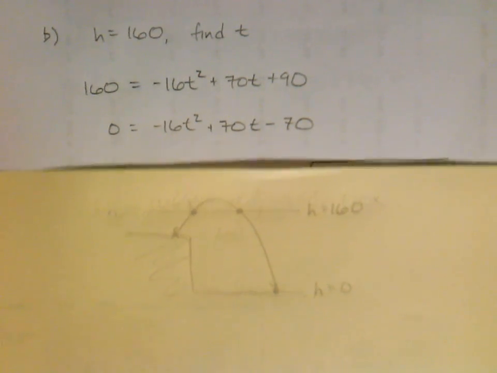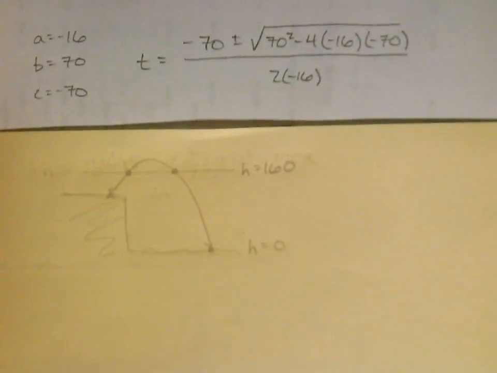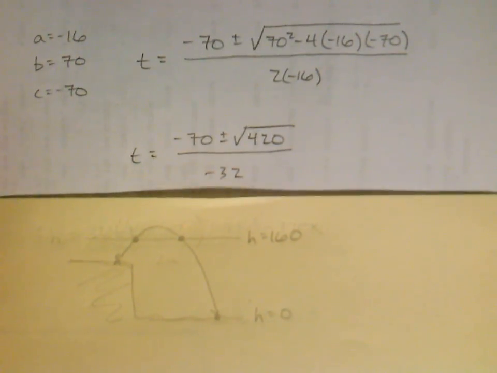Okay, and then we'll go for our quadratic formula with our values of a, b, and c. Plugging all that in. Simplifying a little bit, you end up with 420 under the square root.